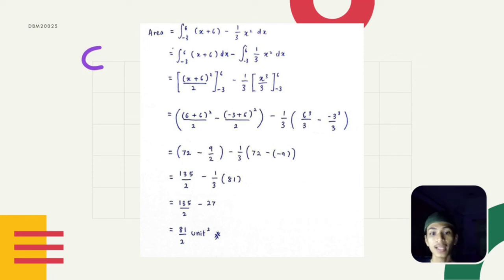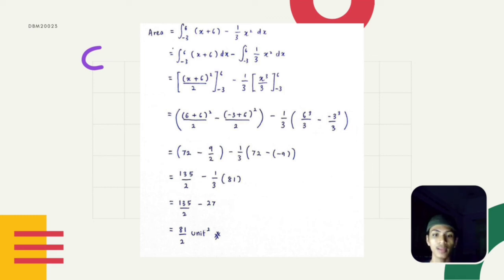So it is going to be x plus 6 to the power of 2 over 2 from negative 3 to 6, minus 1 over 3 and then x to the power of 3 over 3 from negative 3 to 6. And negative 1 over 3 we're going to multiply by x to the power of 3 over 3.